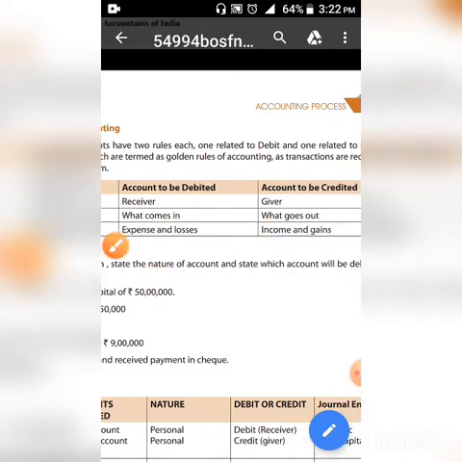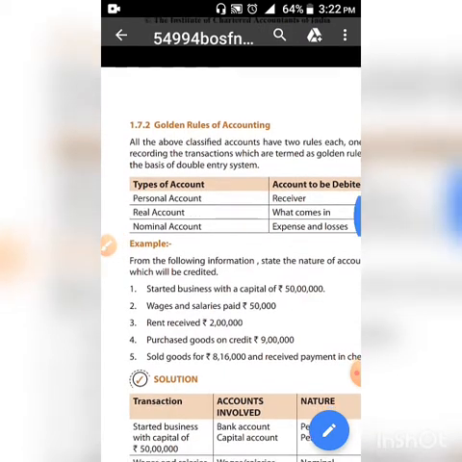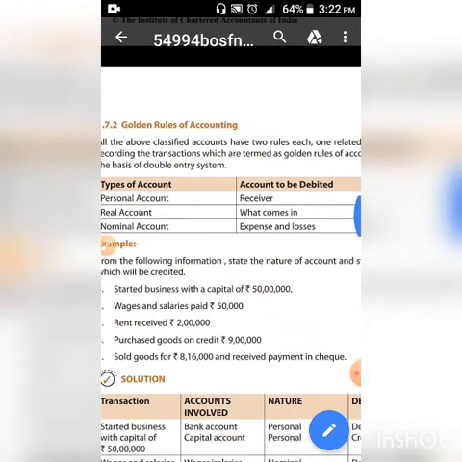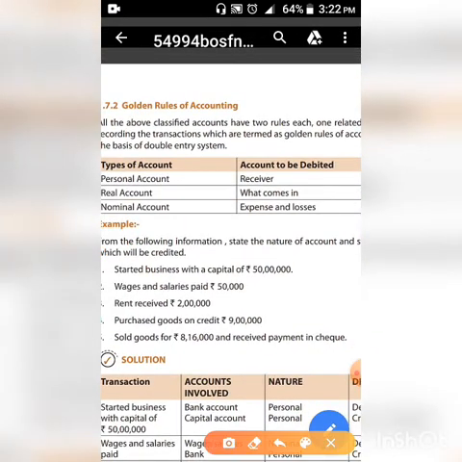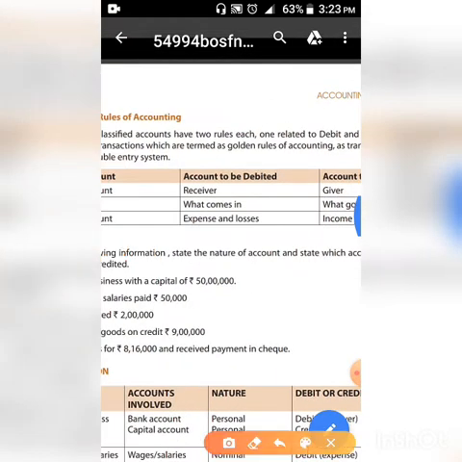Okay then, what is the golden rule for a real account? A real account is used mostly for assets such as building, plant and machinery, etc. The golden rule is what comes in is to be debited and what goes out is to be credited. Let us take an example.